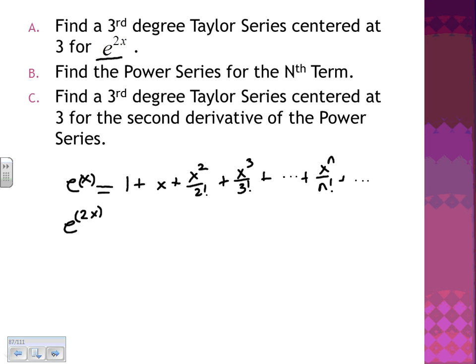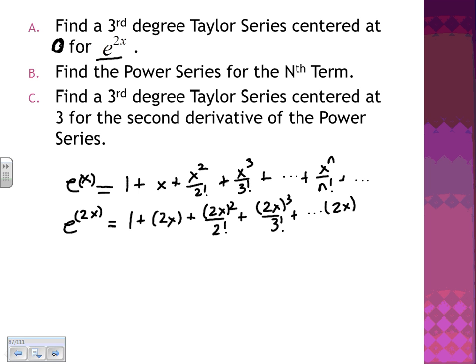So everywhere you see an x, you can plug in a 2x. Oh, sorry. I wanted that to be centered at 0. We're not going to make it too difficult. All right. So 1 plus 2x plus 2x squared over 2 factorial plus 2x cubed over 3 factorial plus 2x to the n over n factorial.